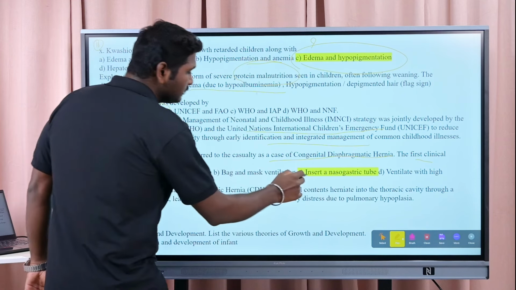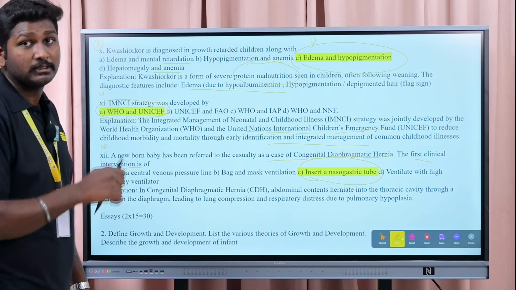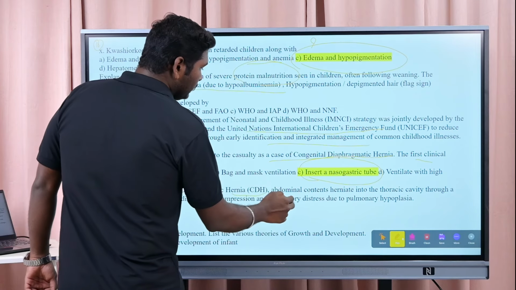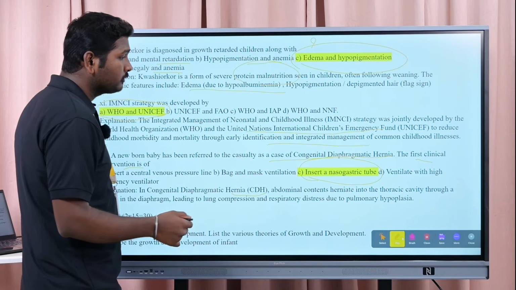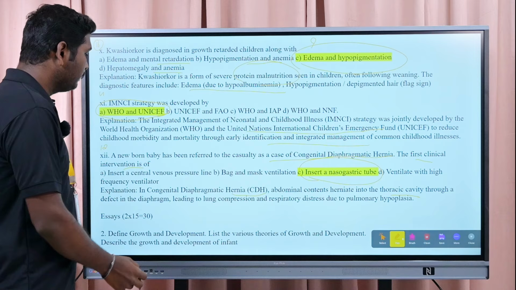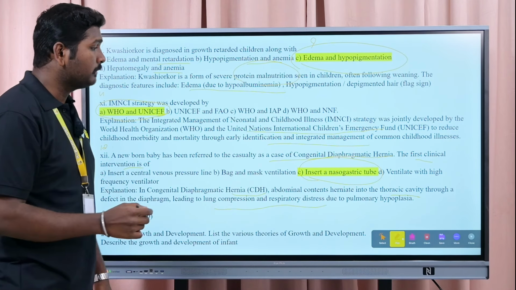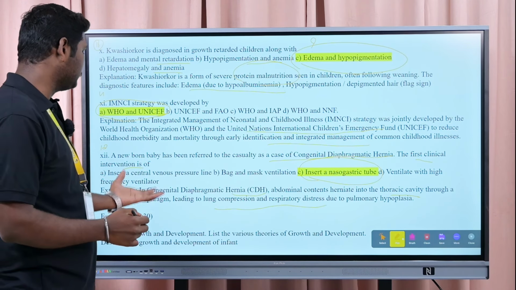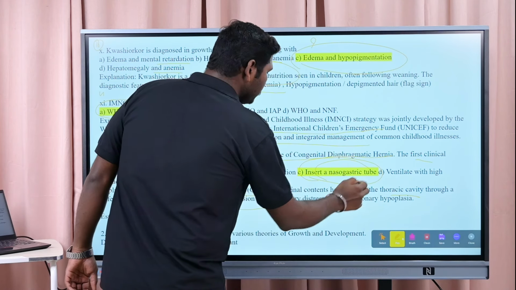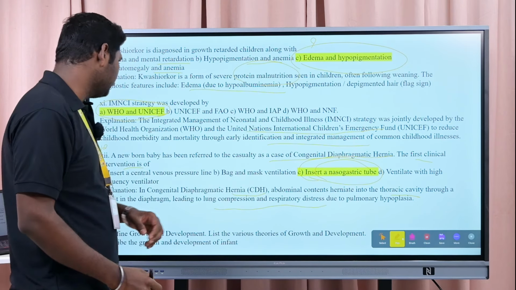So which is the correct answer? Inserting a nasogastric tube. Why is this the first clinical step? In CDH, the abdominal contents herniate into the thoracic cavity through a defect in the diaphragm, which leads to lung compression and respiratory distress due to pulmonary hypoplasia. Because of this, we first insert the nasogastric tube, in order to reduce the respiratory distress. That is the main intention here.